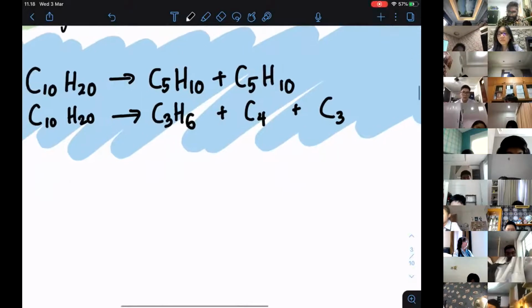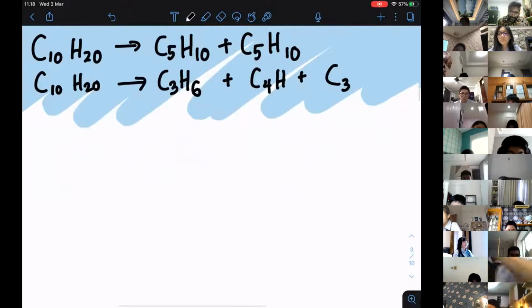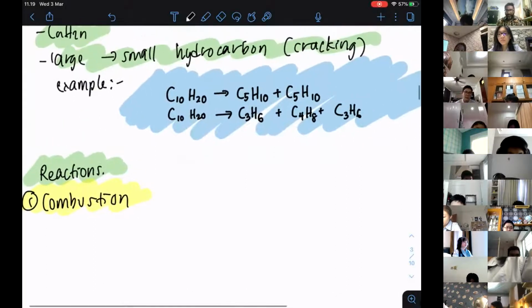And here maybe I want to form another alkene also, so H8. I know 6 plus 8 is already 14, so left with 6 more, so H6. This is how you balance. So this one I'll just leave it over here. Cracking is breaking it into smaller carbon chains.